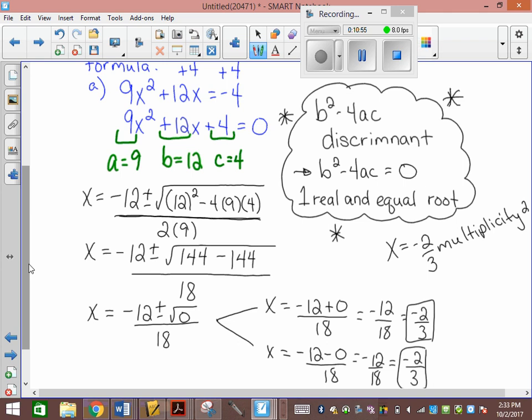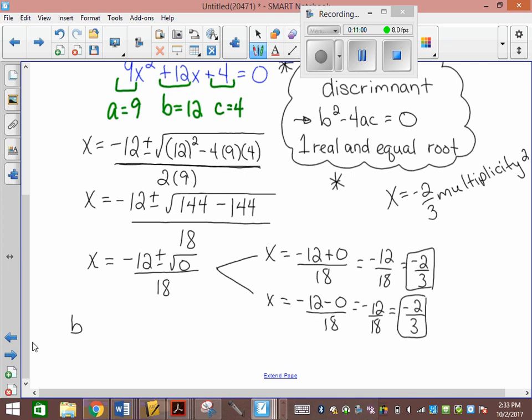Okay, look at this one. So this is B. We're going to solve by the quadratic formula. 3x squared minus 5x plus 9 equals 0. Okay?